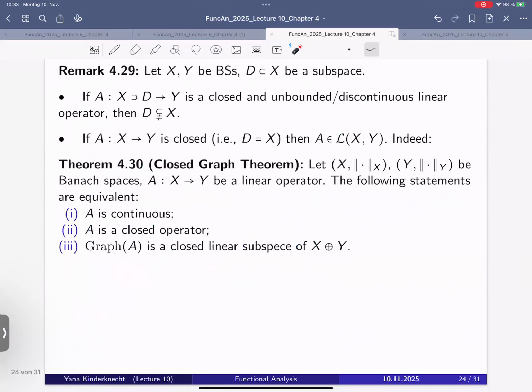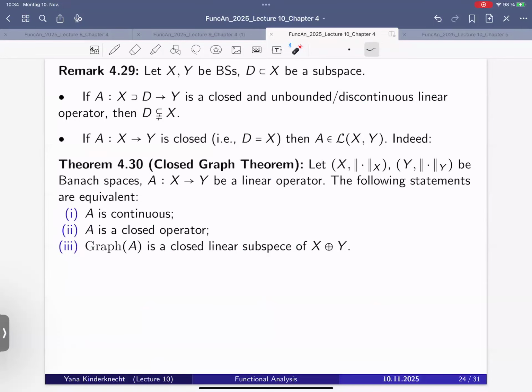And so the interesting situation is when we consider unbounded linear operators: if they are closed, they are defined on a subspace which is not the whole X, and it is not possible to extend it to the whole X, preserving their properties, not making them worse.